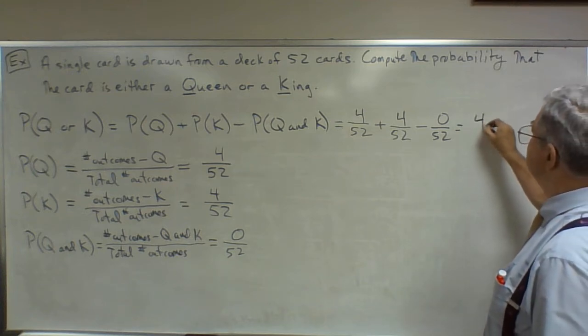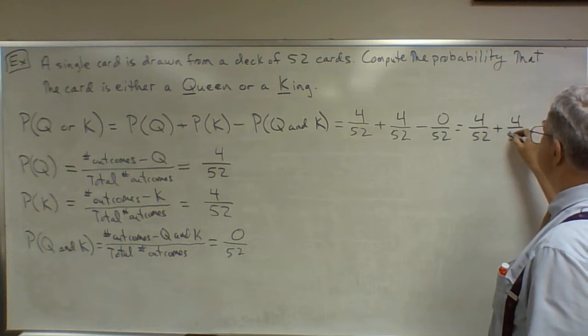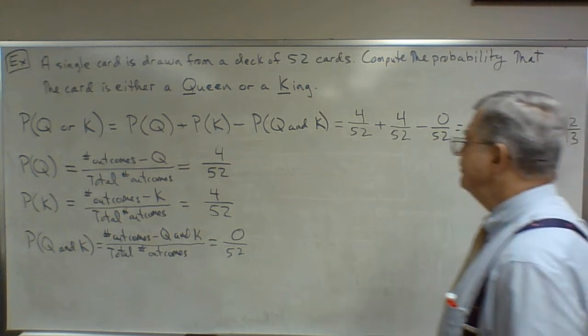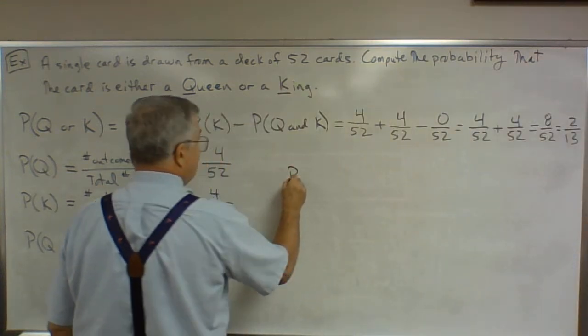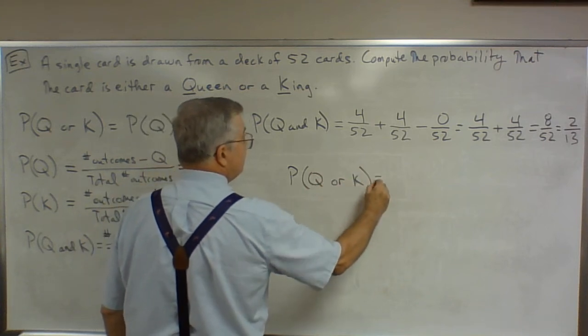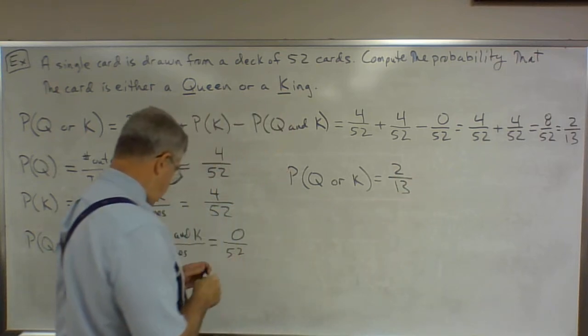So this is really just 4 over 52 plus 4 over 52, which equals 8 over 52. And that's 2 over 13. Probability of a queen or a king is 2 over 13.